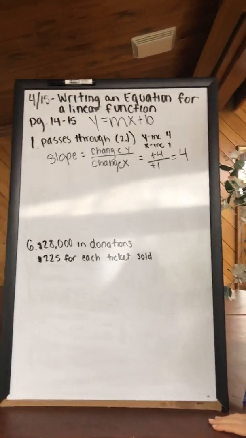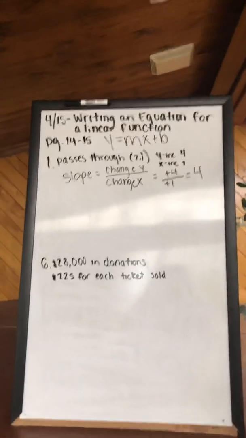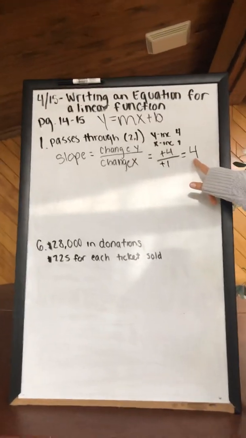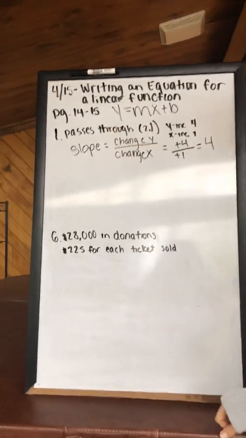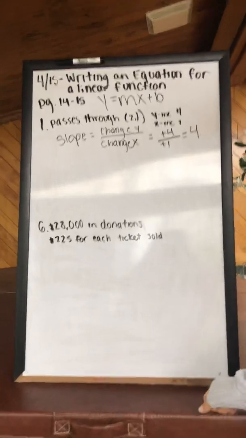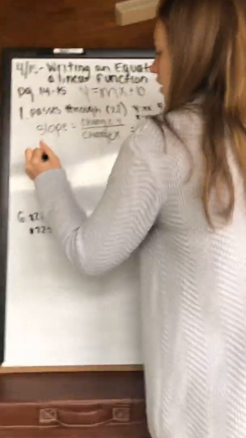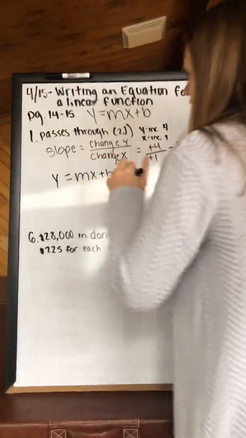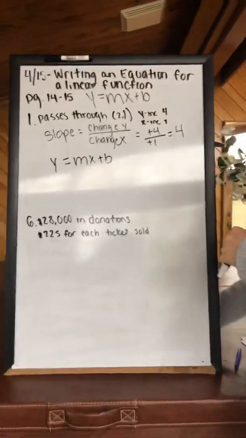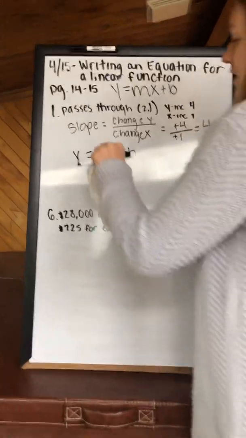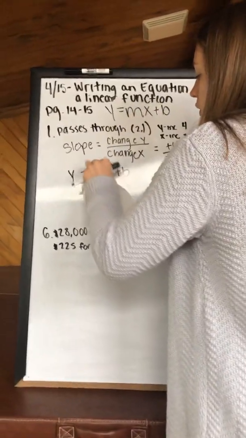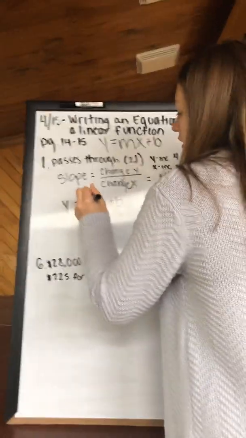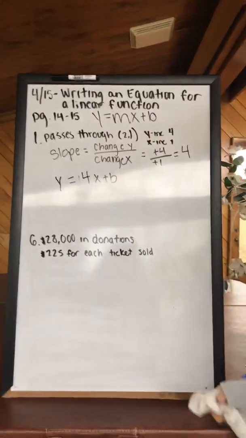The other thing we need is our y-intercept. What we know so far is we know our slope, and we know that we have a line passing through the point (2, 1). So in the equation, y equals mx plus b, I can fill in my m. M is my slope. So let's plug 4 in for our slope.